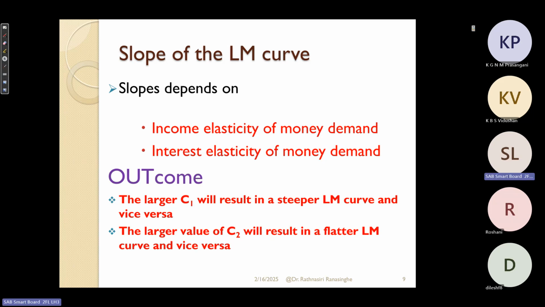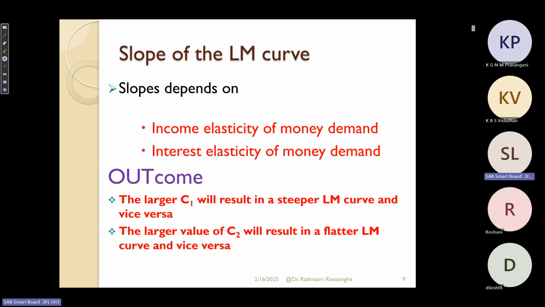So we take one factor, C1, which may be high or low, and depending on that, the slope of the LM curve changes. A high C1 means high sensitivity, and normally we get a steeper LM curve. A lower sensitivity gives a flatter LM curve.